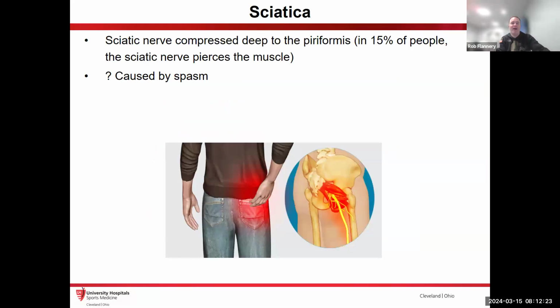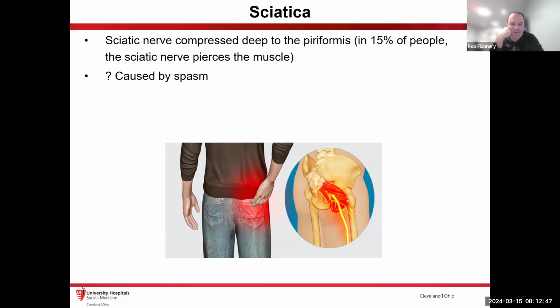Sciatic nerve. Sciatic nerve compressed at the piriformis or deep to the piriformis, and in about 15% of people, the sciatic nerve pierces the muscle. So that's one thing you've got to keep an eye out for. Is this caused by spasm? This is a little bit of a black box. With all of these, and I think if you've worked with me, we start conservative and go aggressive.